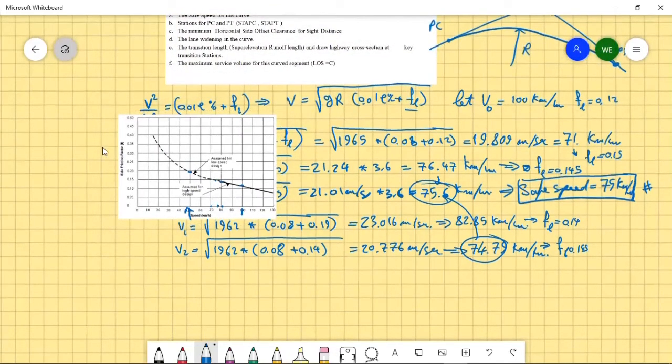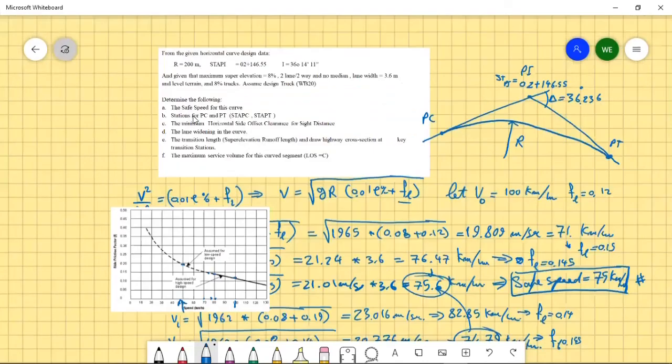Okay. Now we want to calculate the station for PC and PT. So we need to know the stations for this point and this point. In order to do that, we need to calculate the tangent length and the length of the curve.